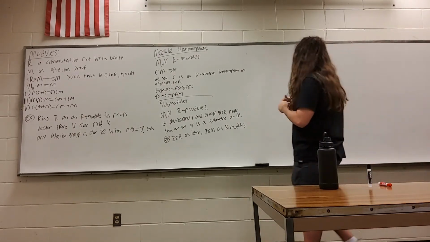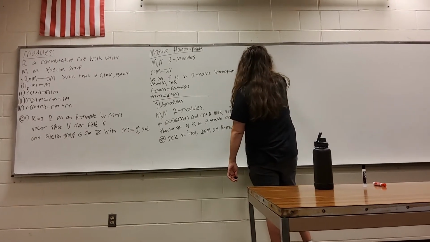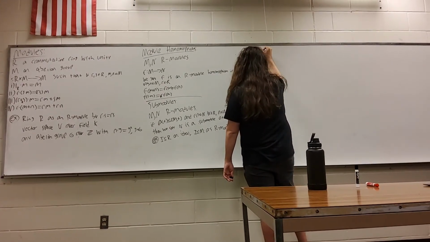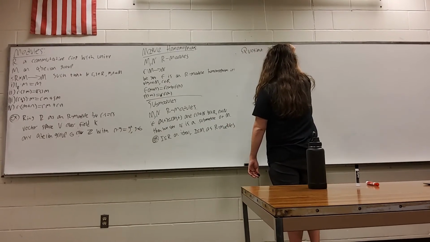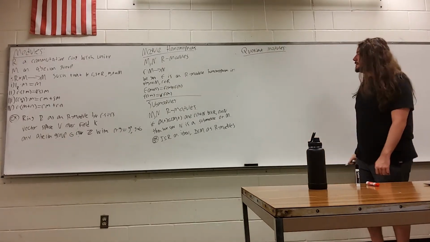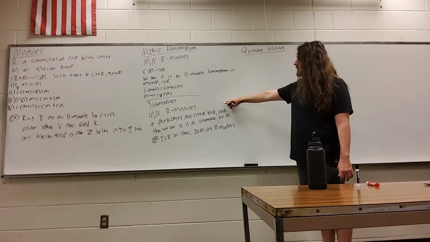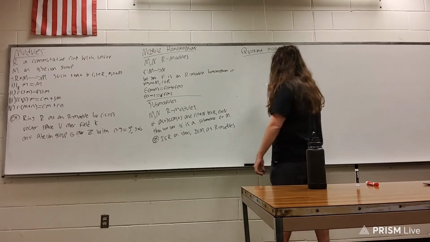Now, I think the last standard algebraic structure definition: we want to take quotients of modules. So now that we have this idea of a submodule, we might want to quotient out.